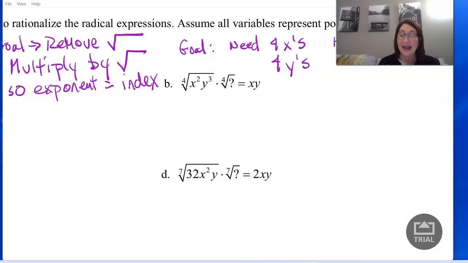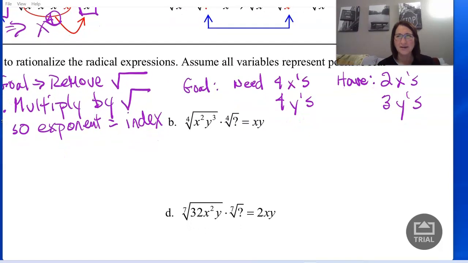I have 2 x's and I have 3 y's. Well, that's easy. I just go ahead and look at the gap. So right here, what am I going to multiply by? I'm going to multiply by x squared y to the first.